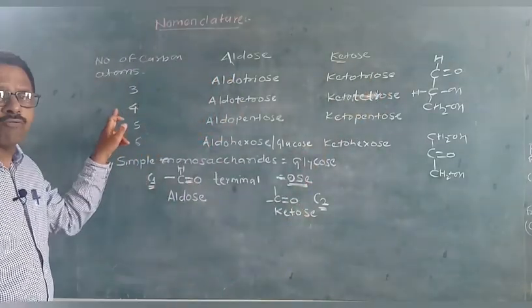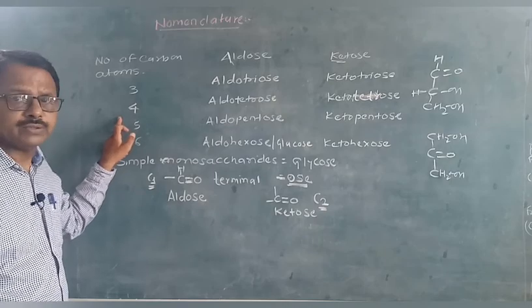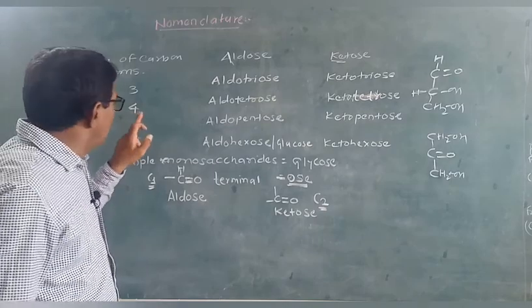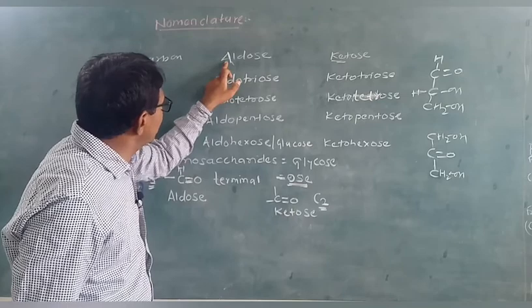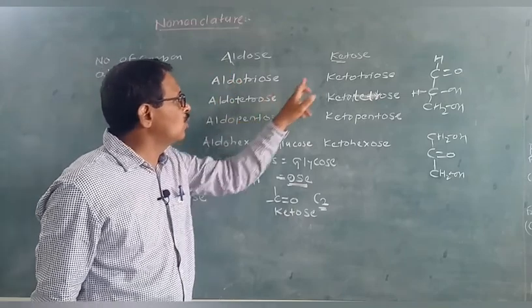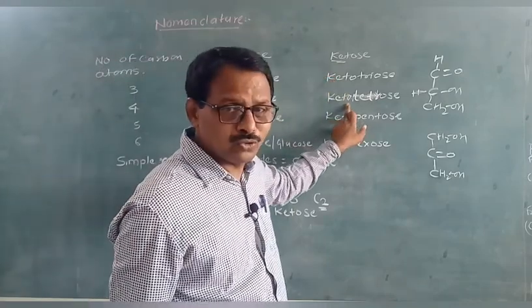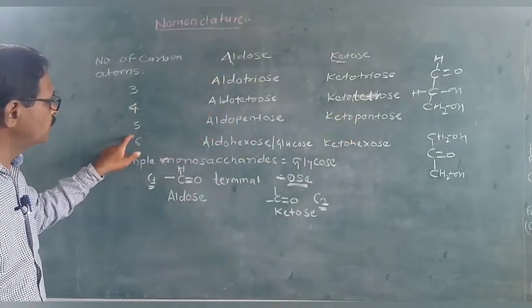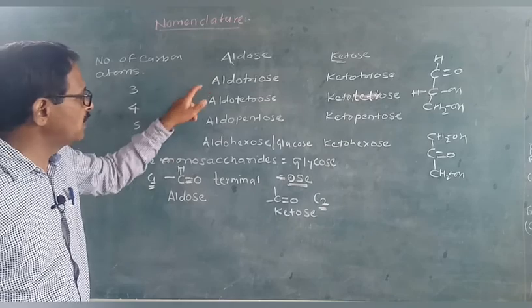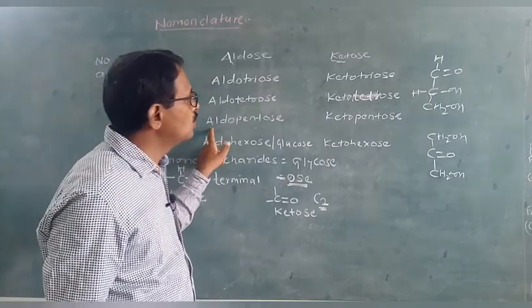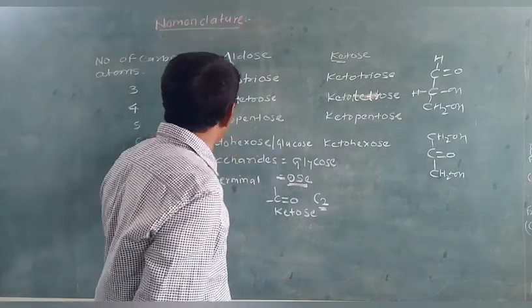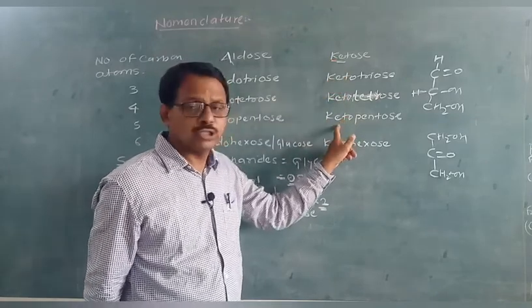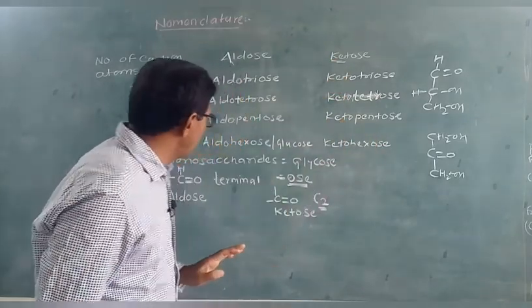Similarly, if there are 4 carbon atoms and an aldehyde group, that is known as aldotetrose. If a keto group is there, that is known as ketotetrose. If there are 5 carbon atoms and an aldehyde group, that is known as aldopentose. And if there are 5 carbon atoms and a keto group, that is known as ketopentose.